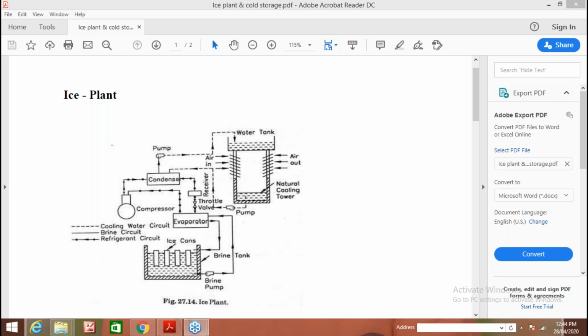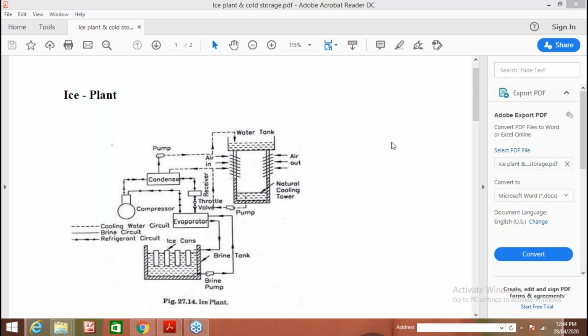Okay, and one more important thing here: the refrigerant does not take heat directly from the water which is to be converted into ice. For that purpose, brine is there. So what will happen?